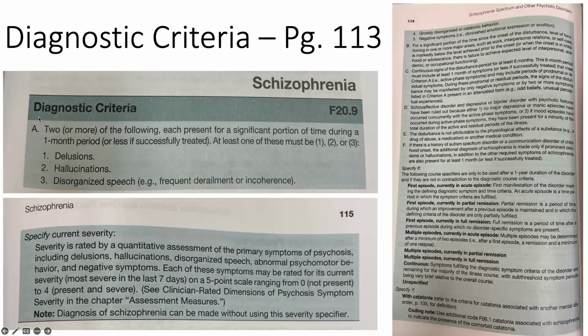And in addition to the specifiers, you'll also be able to rate the severity of a disorder. So for some disorders, it may present as mild or moderate or severe. Other important specifiers to know is remission.